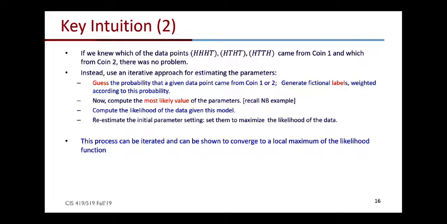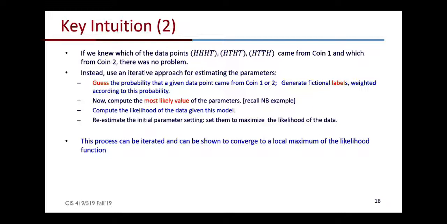So what we're going to do is we're going to guess the probability that a given data point came from 1 or 2. Basically, what does it mean to guess? It means to add labels. But we're going to add fractional labels. I'm calling it also fictional labels because they're fictional.